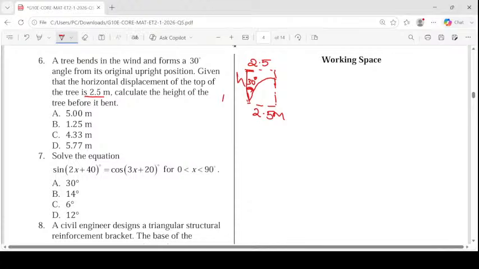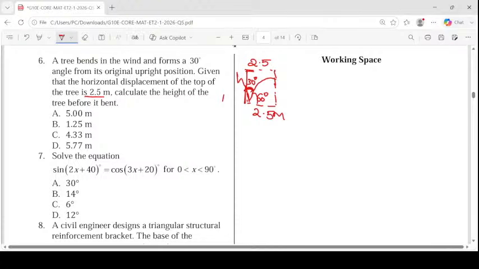From 90, we can get this, because the tree was upright. If this is 30, from 90, this other angle is 60 degrees. 90 minus 30 gives you 60 degrees.